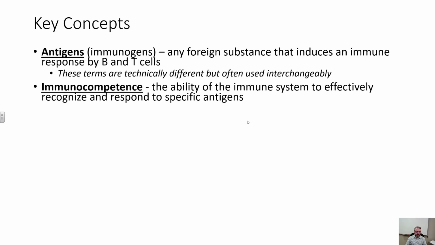And we'll come back to what those are in a little more detail here. Now, immunocompetence is ultimately your body's ability to respond to these antigens. In other words, it's essentially the ability to have an effective third line of immunity. So even though you may have a first and second line, you're not fully immunocompetent without a well-functioning third line.